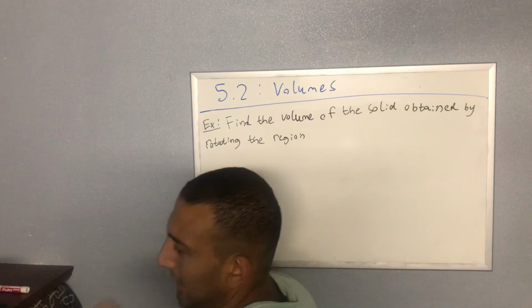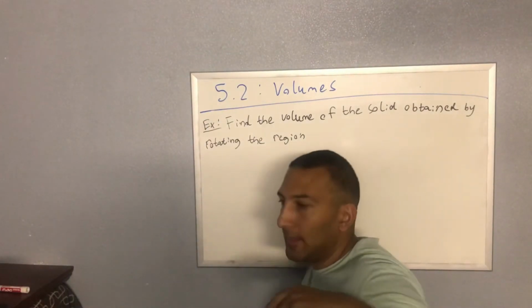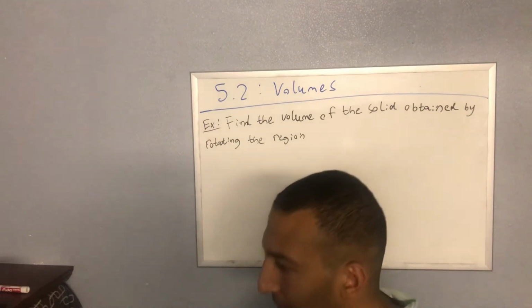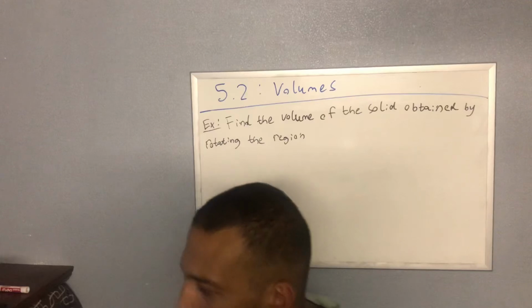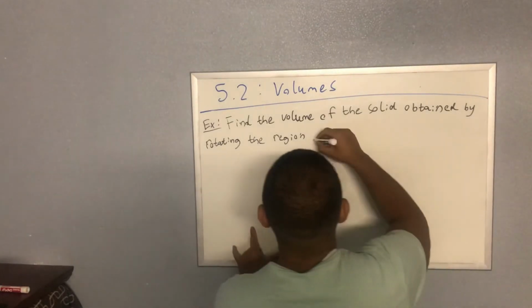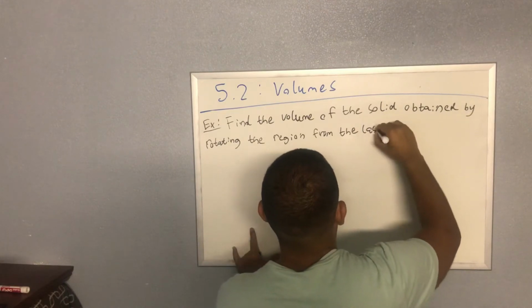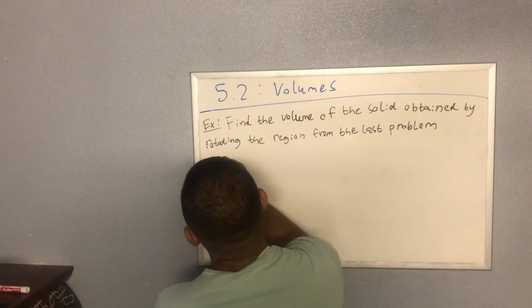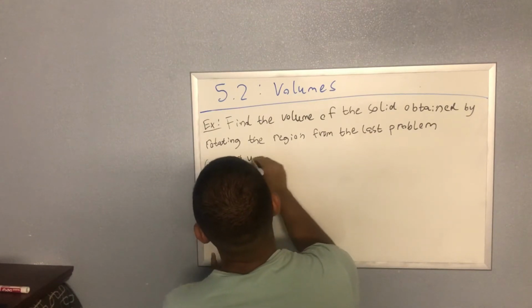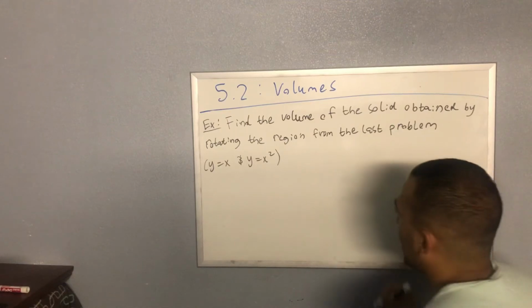Okay, so in the book it says the region in example 4, which I didn't label, but the region that it's talking about is the one from the last problem, basically. So the region from the last problem, the one you got from y equals x and y equals x squared, about the line.